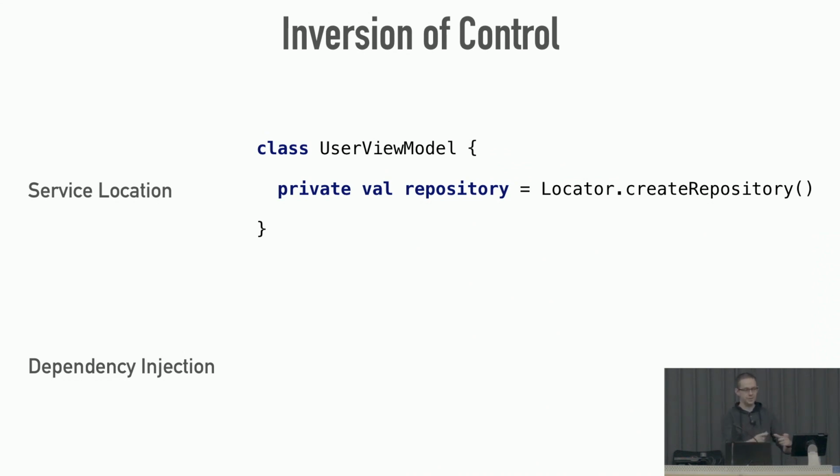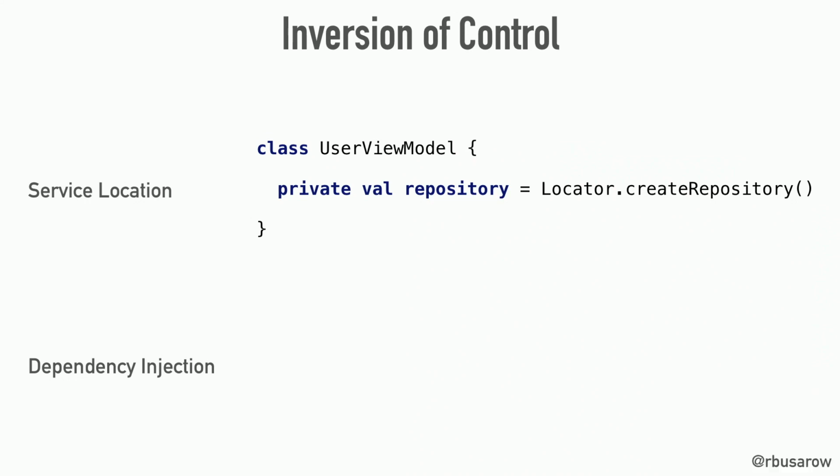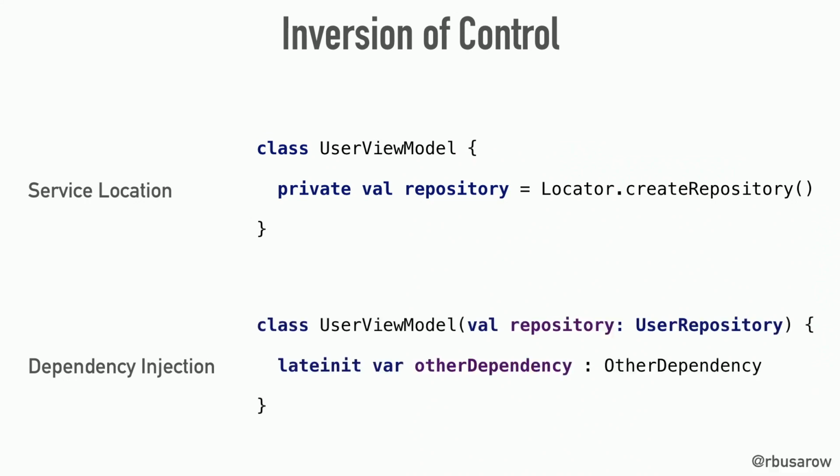What I mean by a service locator is you'd have a reference to some singleton within the class itself, and that singleton would then be responsible for either providing you an existing instance of your actual dependency or creating a new one for you.